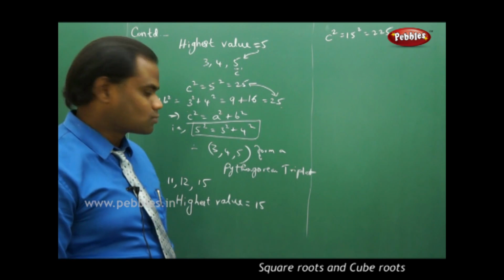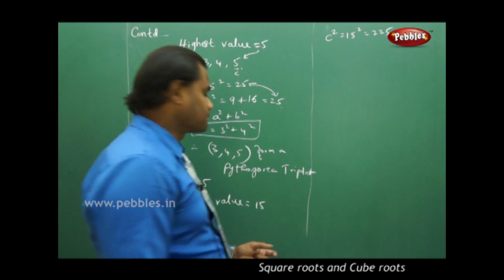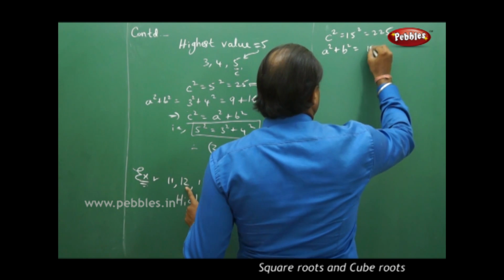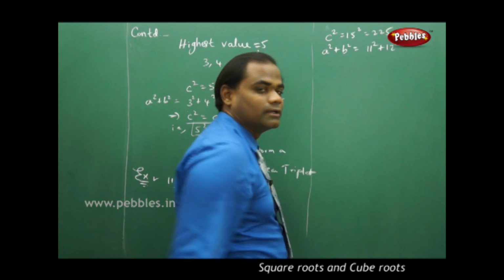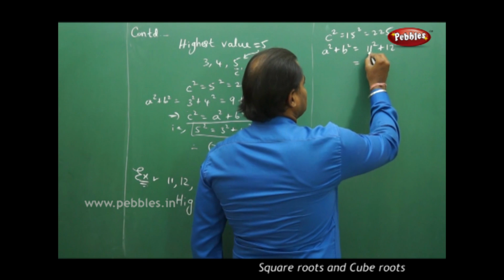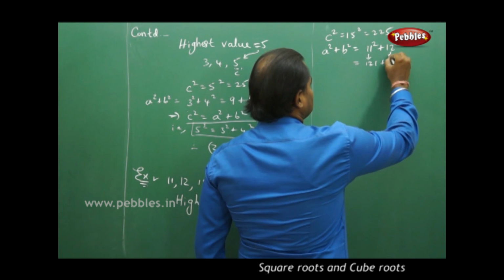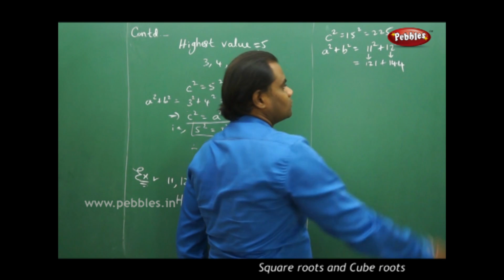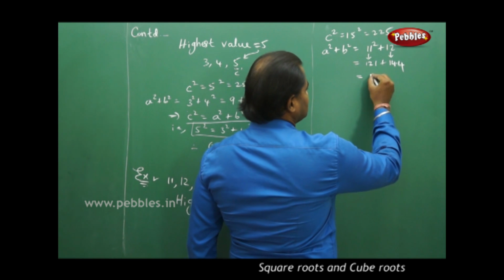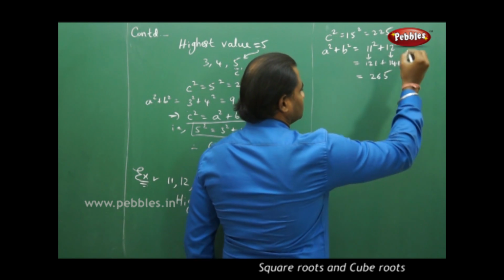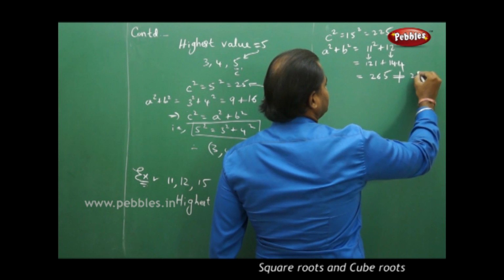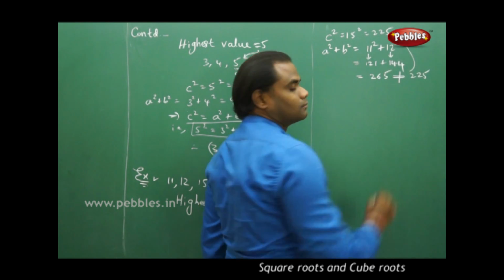Now similarly, I would like to square the other two values and then sum up. So in this case, a square plus b square would be the other two squares added, 11 square plus 12 square. Now when I just square and add them, these two square numbers lead to 11 square giving me 121 and 12 square giving me 144. So once I get this, let me add up, then I think I get this as 265. But clearly I identify that this is not equal to the value which I have identified here.